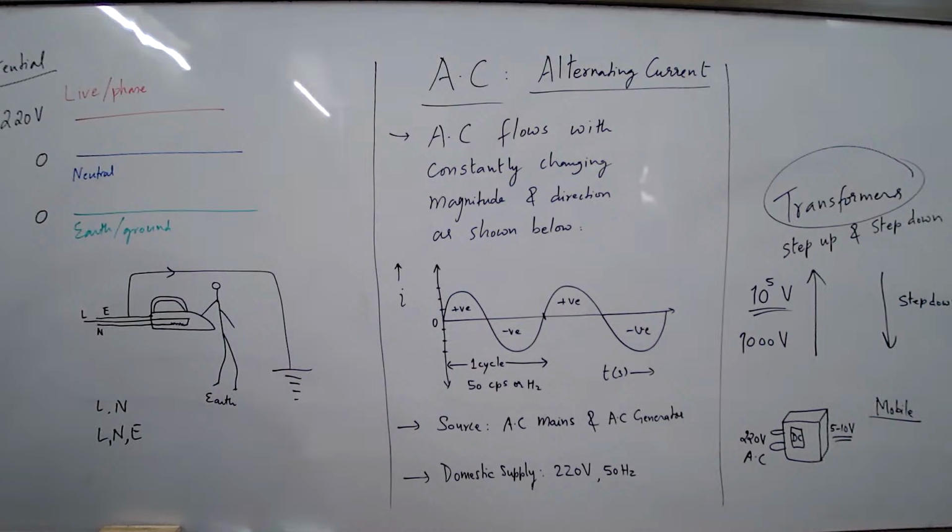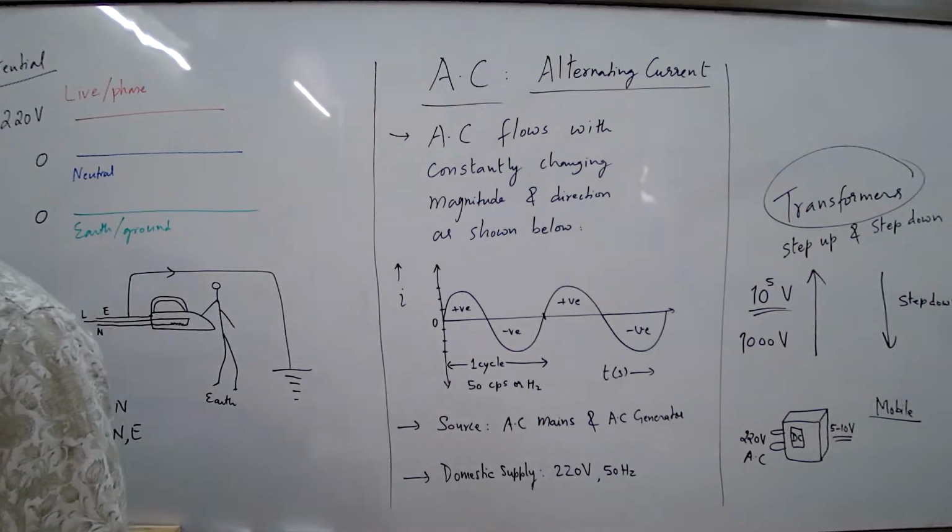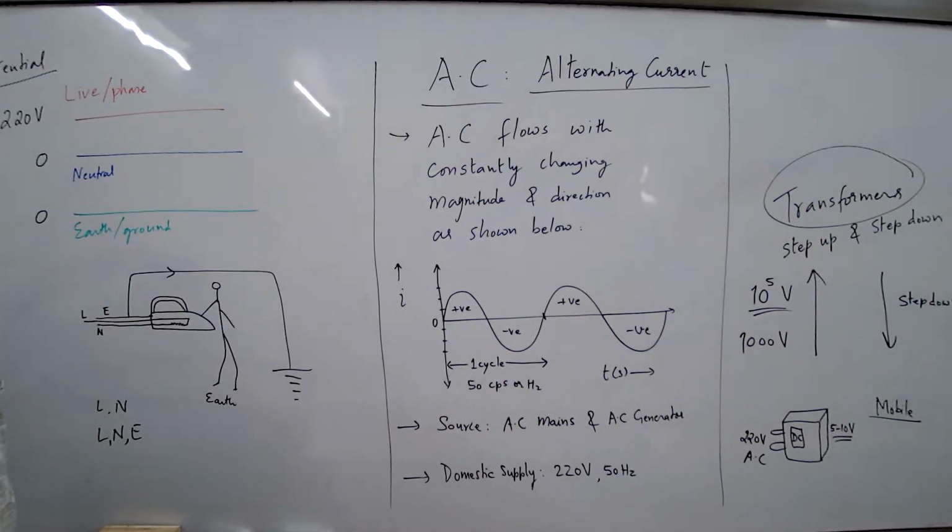So the first thing that is connected is the electricity board's fuse. This is the main connection. If the entire building's power is to be cut off, just this fuse will be switched off. Or if something bad happens in the society, this fuse will blow off first, saving the entire building. If any short circuit happens, the supply will be cut off right there.